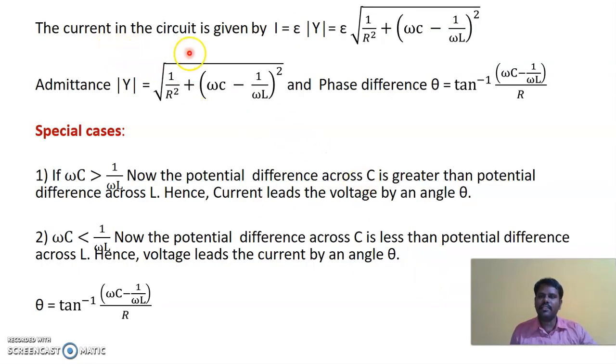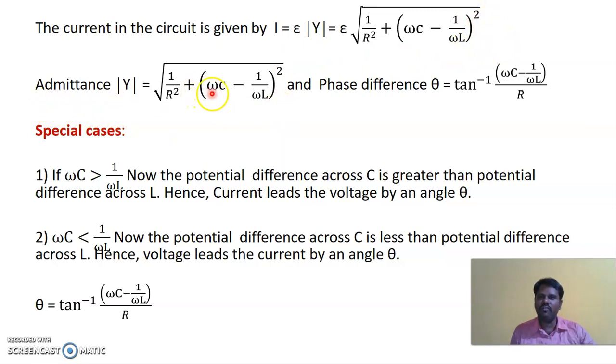The current in this circuit is given by I is equal to epsilon into admittance, which is epsilon into square root of 1 over R square plus omega C minus 1 over omega L whole square, and this particular term is called admittance.